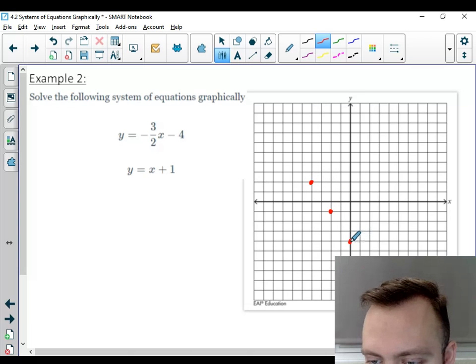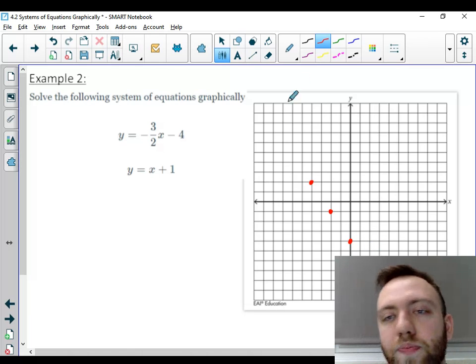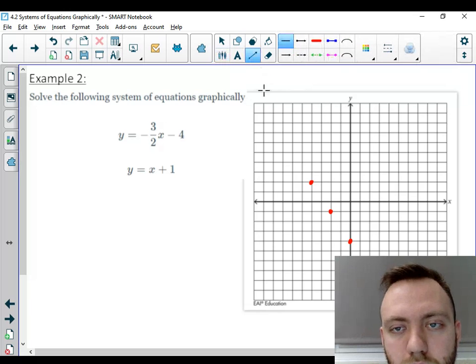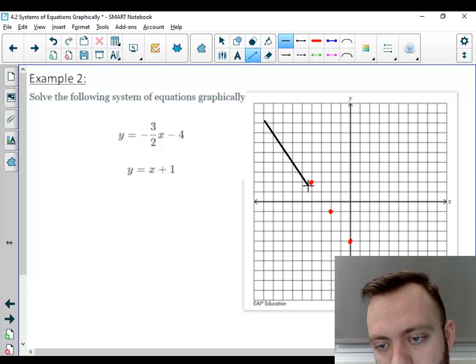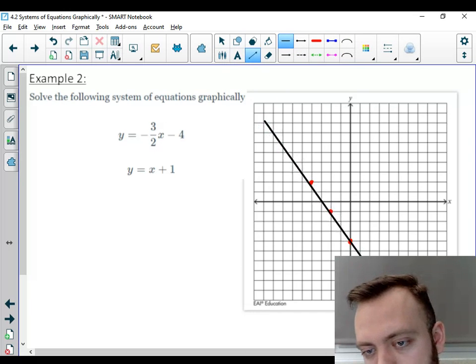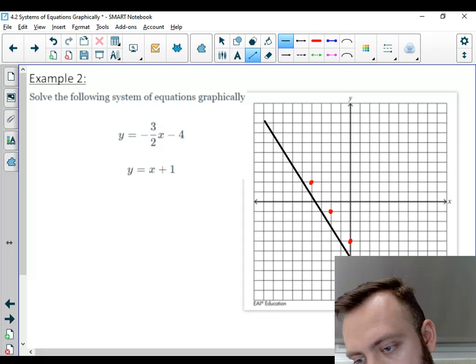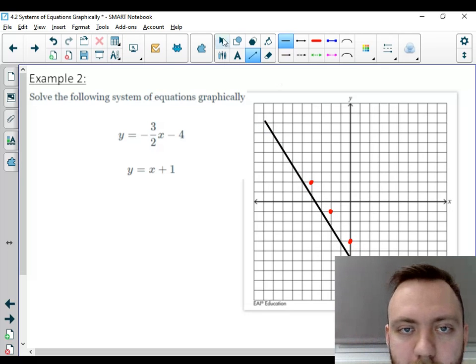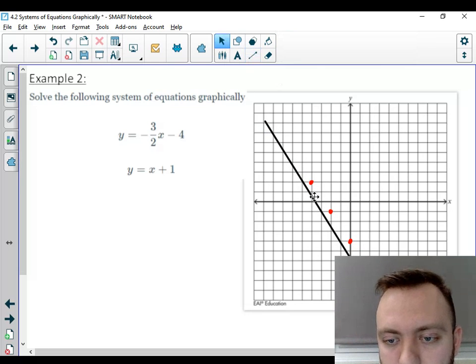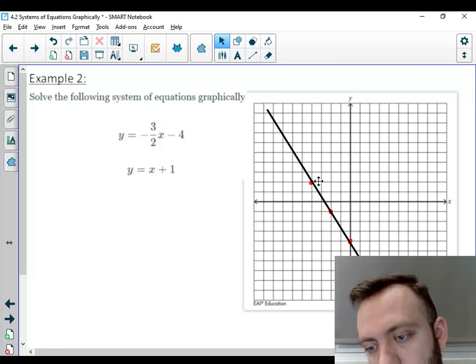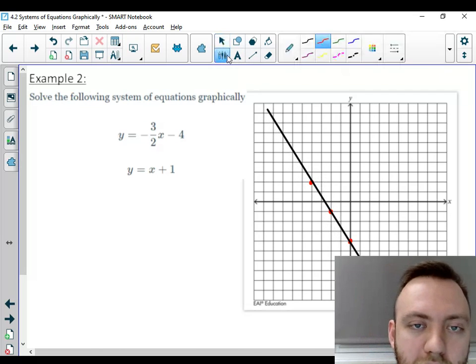Then we can go over 1, 2 and down 1, 2, 3. And we can do our best to graph this line. It's a little off. I'm going to do this and then move it. That should be good enough. We'll be able to tell.